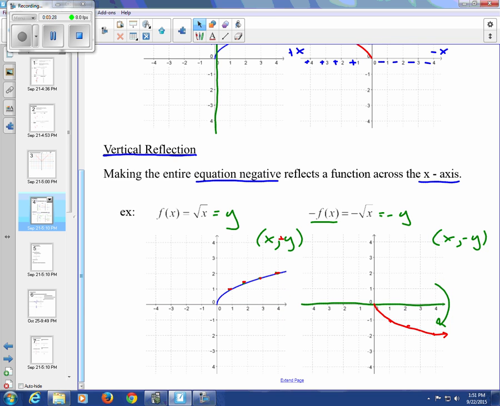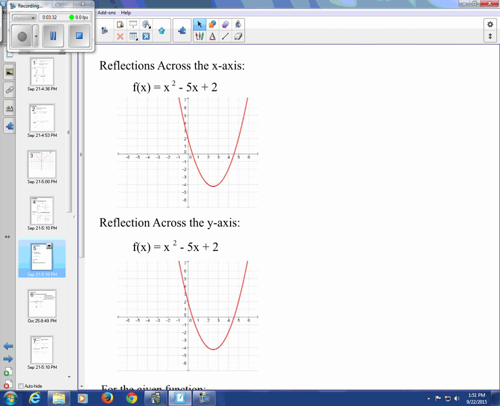Okay, so what I want you guys to do is to try a couple of these. We want to look at reflecting this function first across the x-axis, right? And across the x-axis is going to be a vertical reflection.